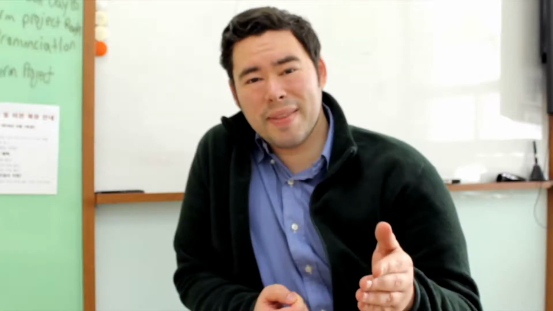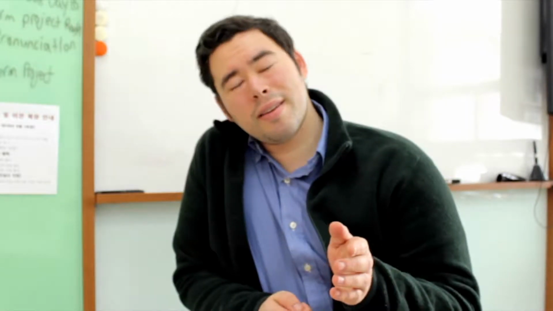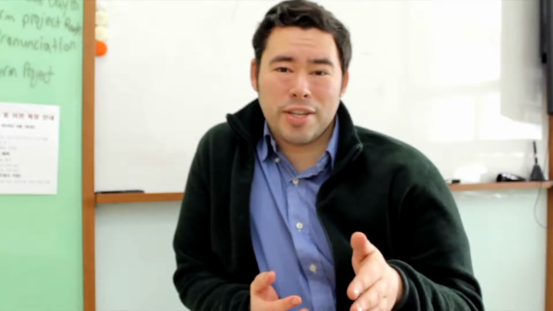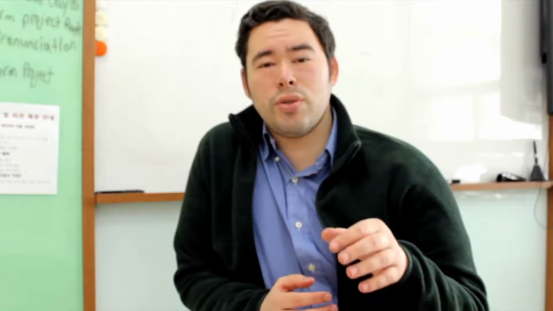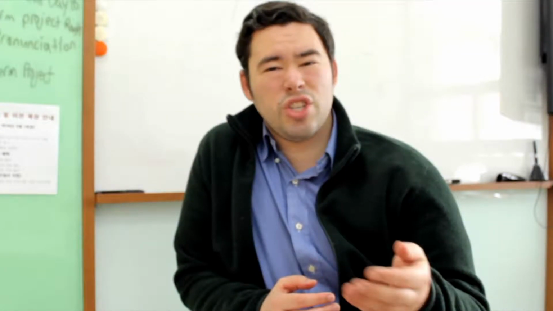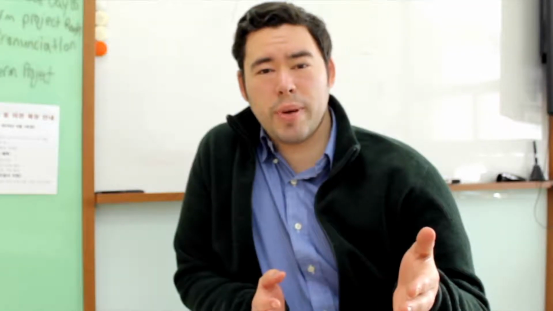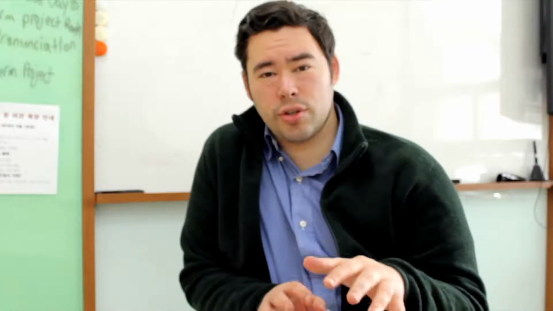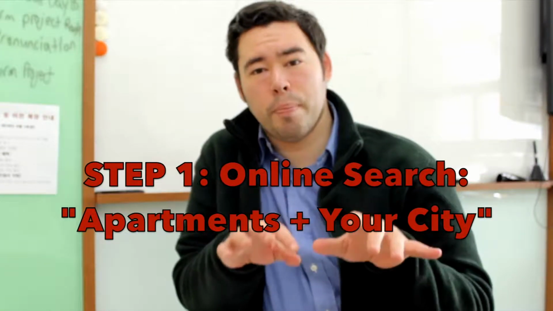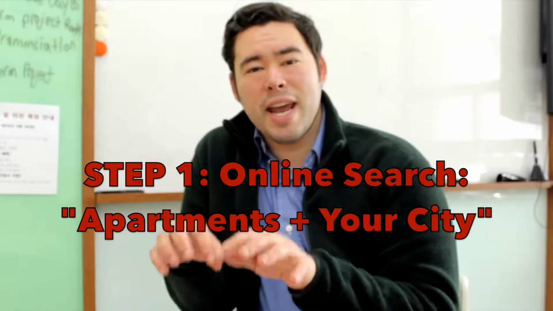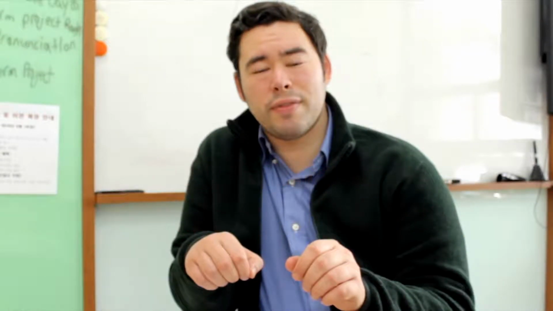So, let's begin the steps. Step one, you have the internet, right? You're watching this video. I want you to go to a search engine like Google, Yahoo, Bing, Startpage, whatever. Go to your search engine and type in apartments and then the name of the city you want to live in.